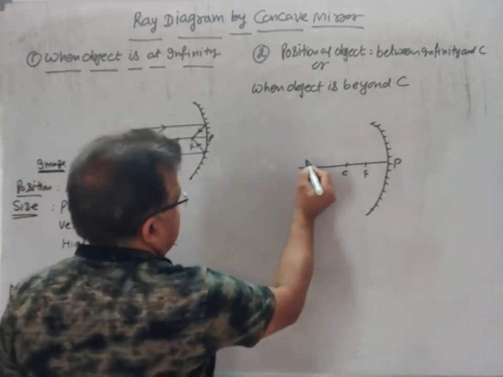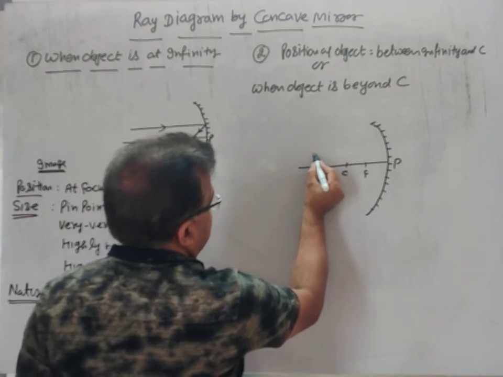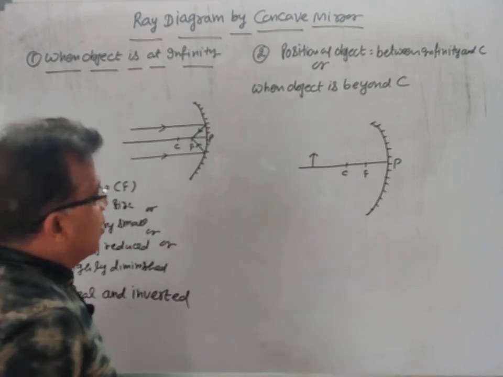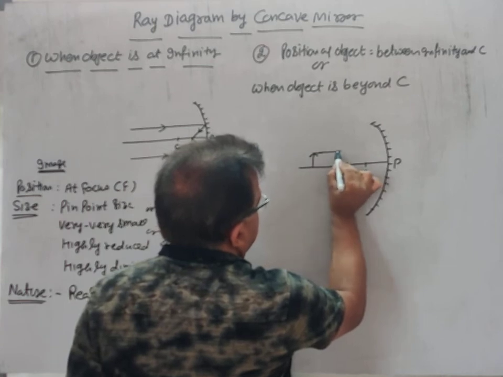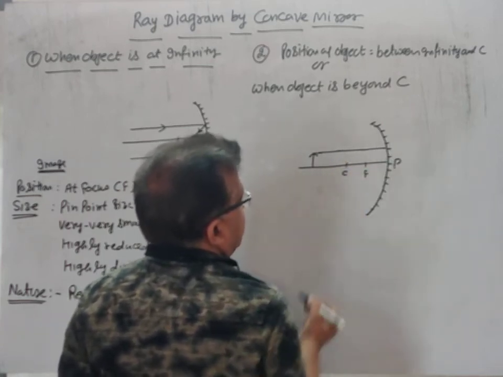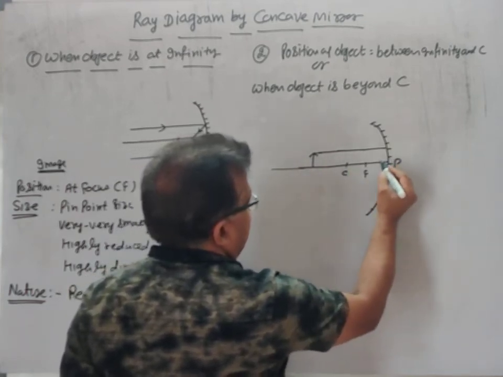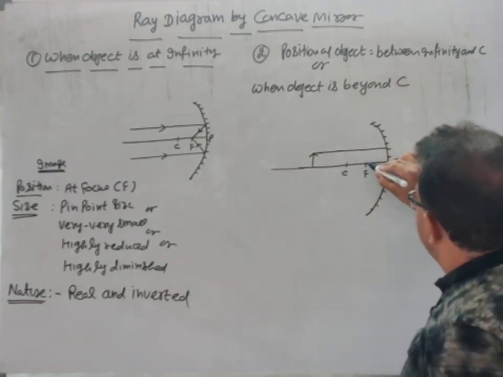The object is placed anywhere beyond C, so now we will show the object because it is at a finite distance. This is the object. Now the incident ray from the object, make it parallel, strikes the concave mirror, and the parallel ray will pass through the principal focus after reflection.